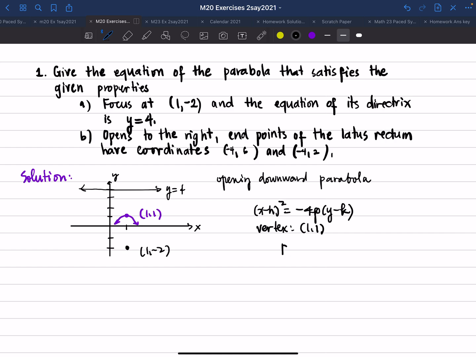And next, what is p? p is the distance from the vertex to the directrix, or vertex to your focus. In this case, our p is 3 units. And then, just substitute, you are done. So, (x - 1)^2 = -4(3)(y - 1), or (x - 1)^2 = -12(y - 1).